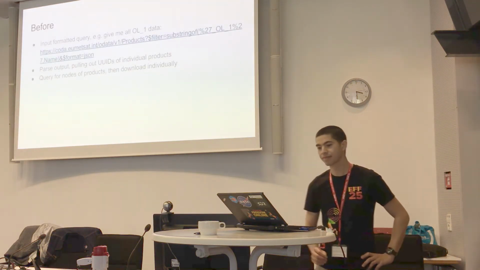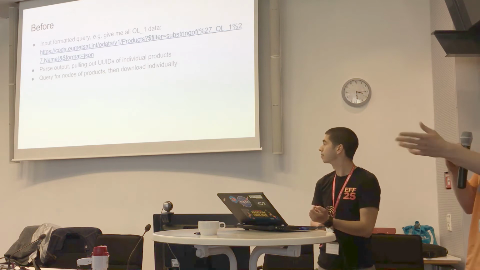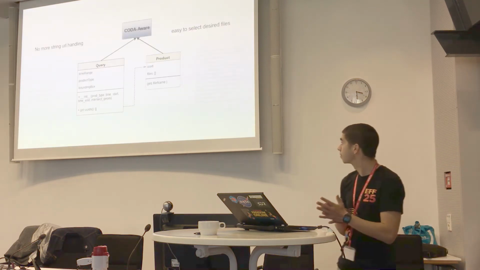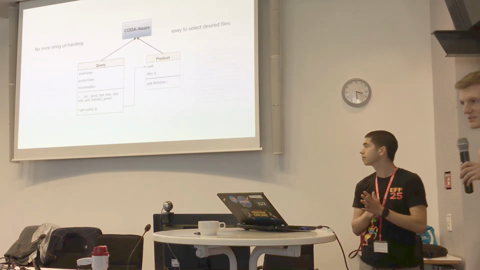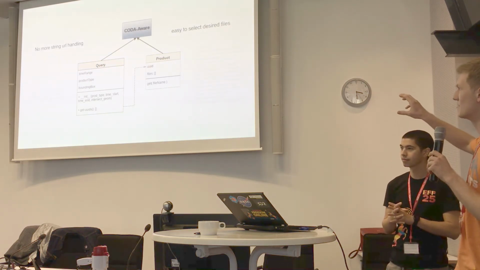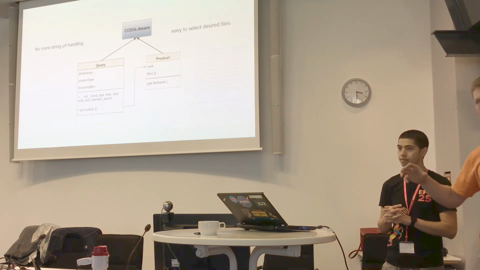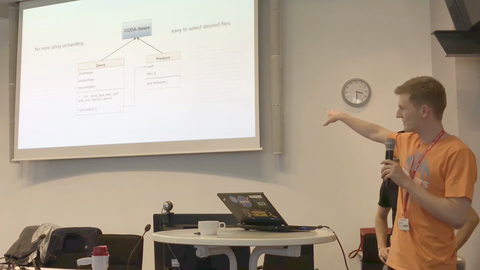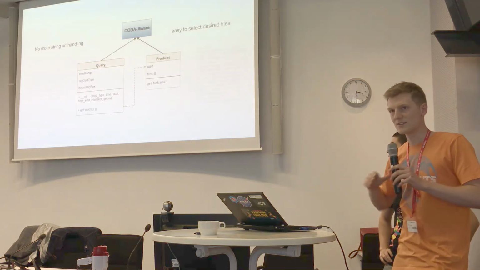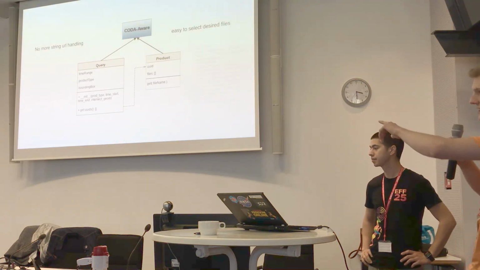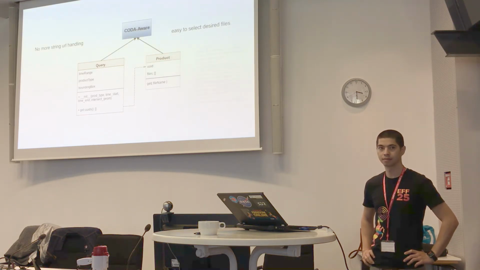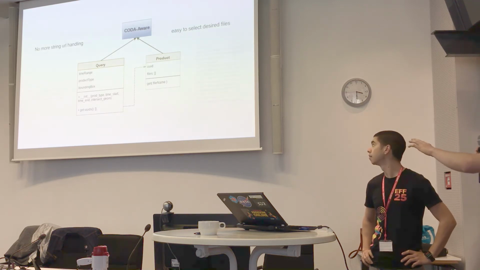I will skip the part on how it was before because the other group already explained that in detail. Our solution is a system built upon the Coda API. Before, you needed those two XML queries and this URL to get the manifest files in order to know where the files you actually want lie. We represented this with some Python classes.